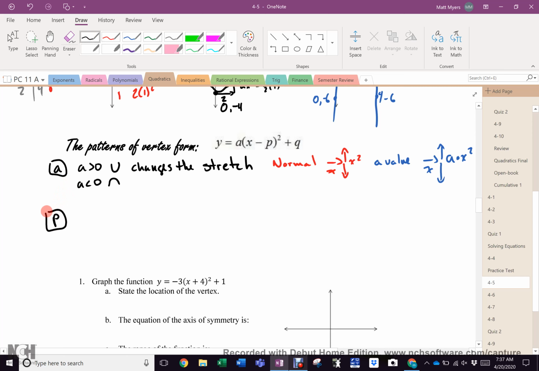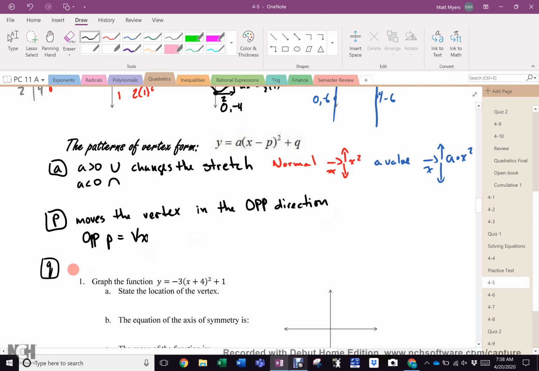P moves the vertex in the opposite direction, which means opposite P equals the vertex x. And then what's left?